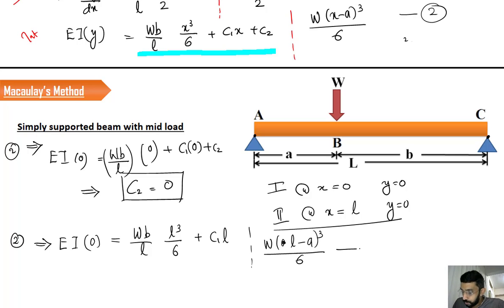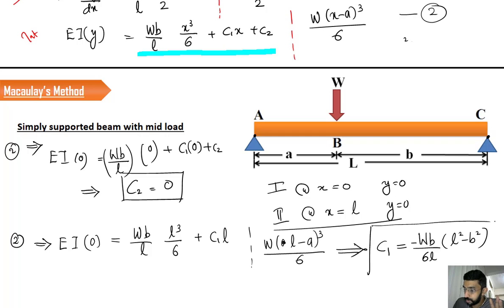When we solve this, we can say that the value of C1 is equal to minus WB divided by 6L into (L square minus B square). Kindly solve this; it is very easy to do the necessary arrangements. You bring everything to the left hand side, divide by L, and you will get the answer. So you got the value of C1 as minus WB by 6L into (L square minus B square). So the difficult part is over.